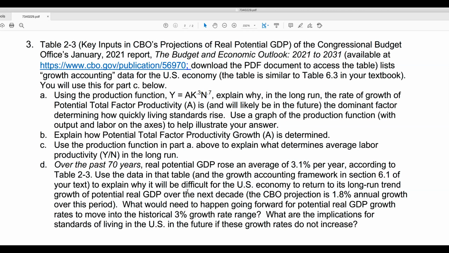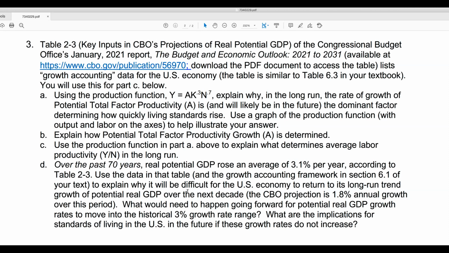Oftentimes, A and K are related, since new capital includes new technology, but conceptually, it's stuff that helps the current amount of capital, machines, and software, in dollar terms and employment, produce more stuff.